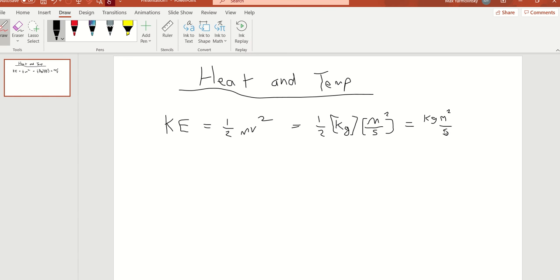And this is called energy units, and it has a special name called a joule.